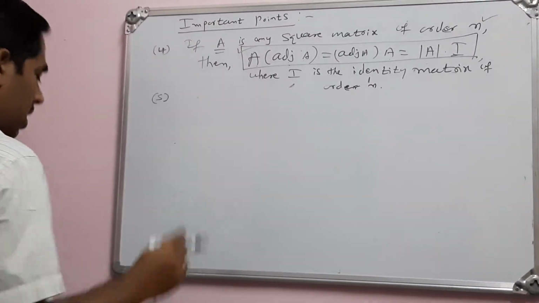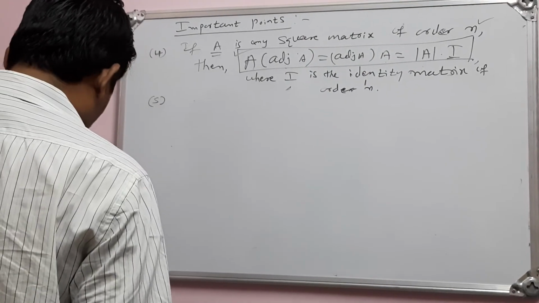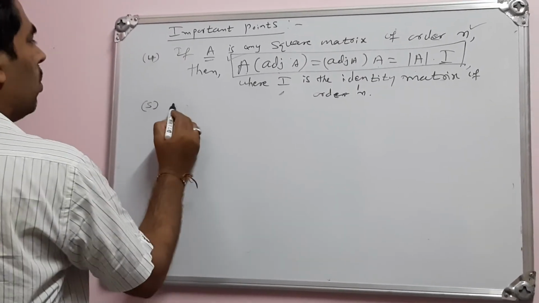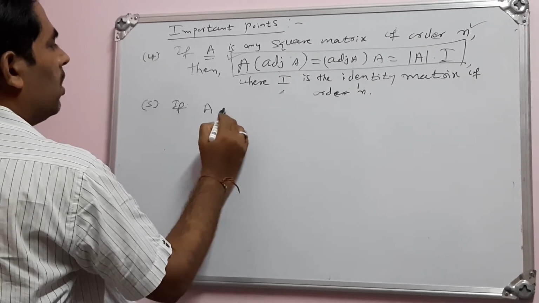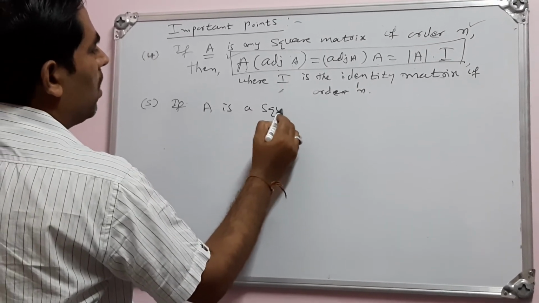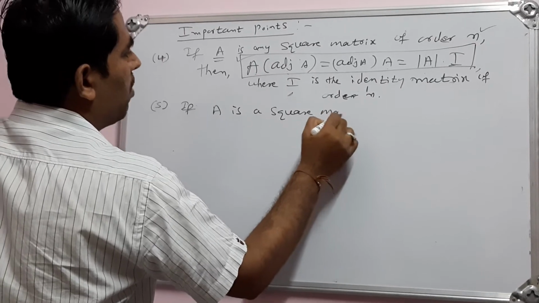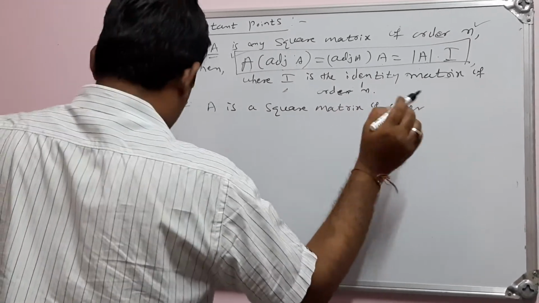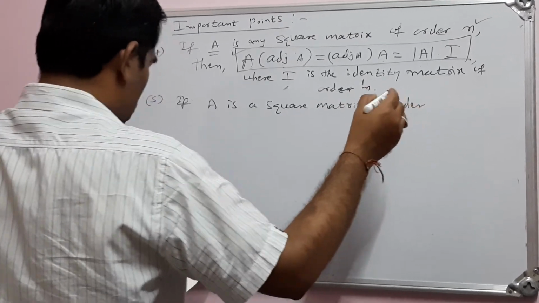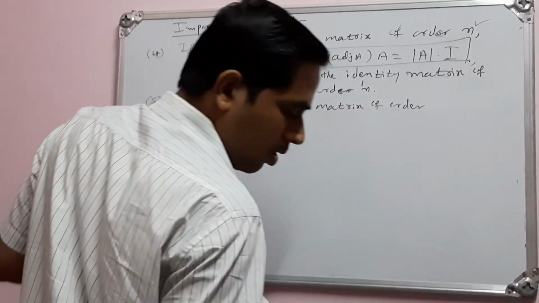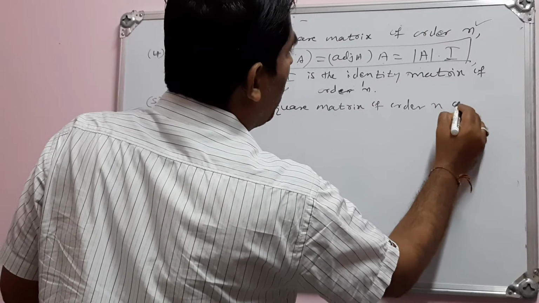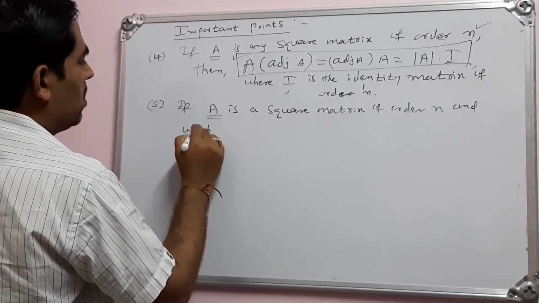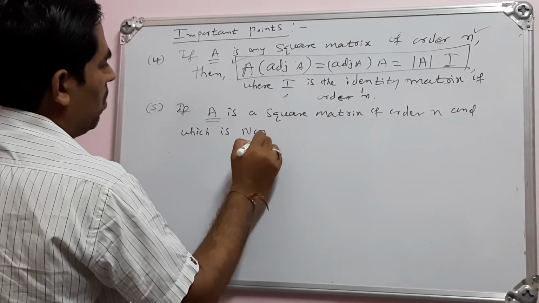See, I will give the number here. So fifth one. So what is the property here? Okay. If A is a square matrix of order say n, and which is non-singular.